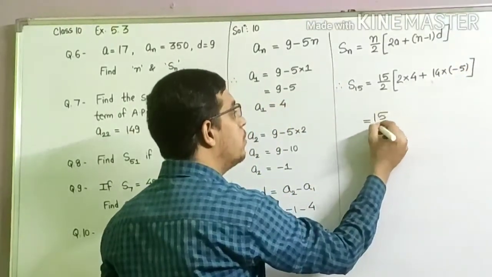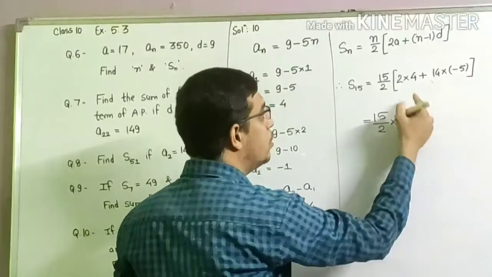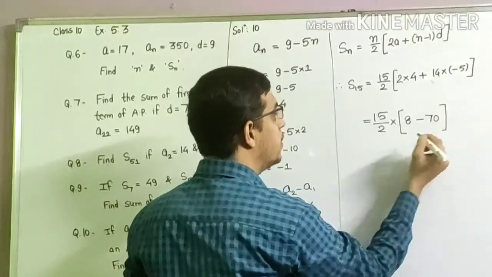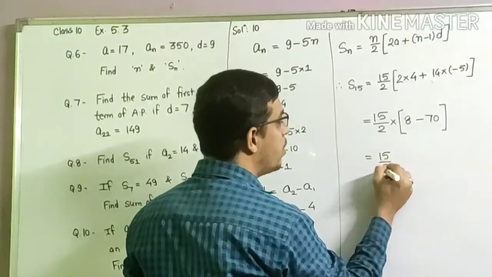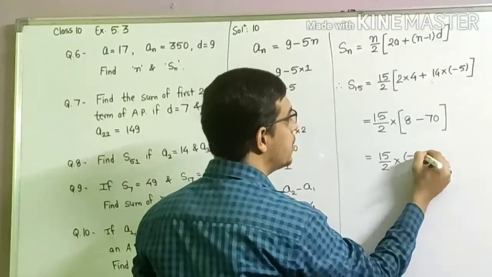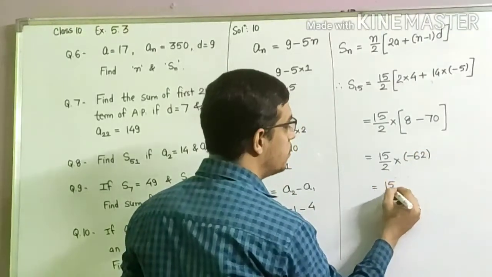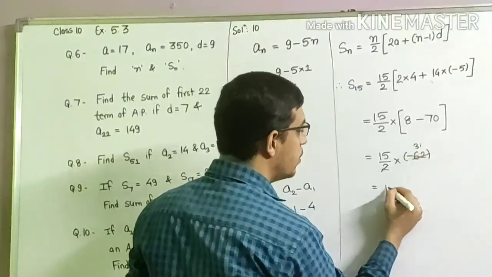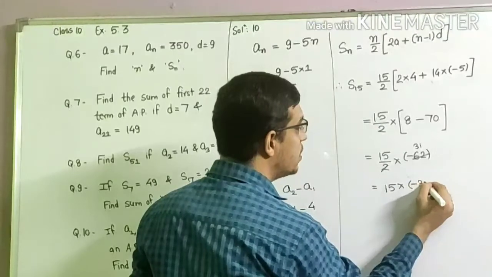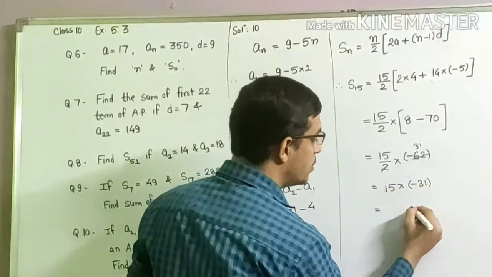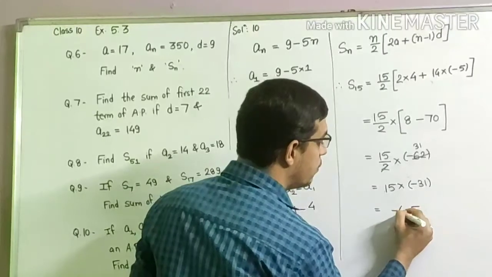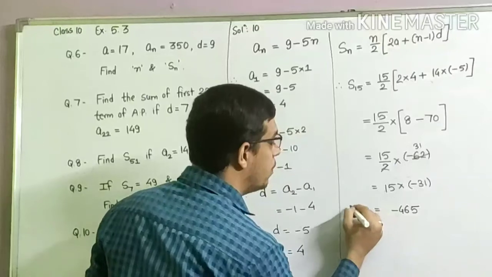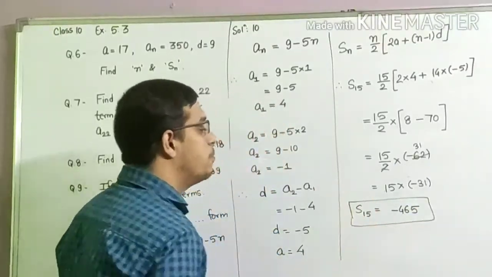So this will be 15 by 2 into 4 2s are 8 minus 70, that is 15 by 2 into minus 62. 2 cancels, 31 times. So 15 into minus 31, 15 ones are 15, carry 1, 15 threes are 45 plus 1, 46. So the sum of 15 terms is minus 465.